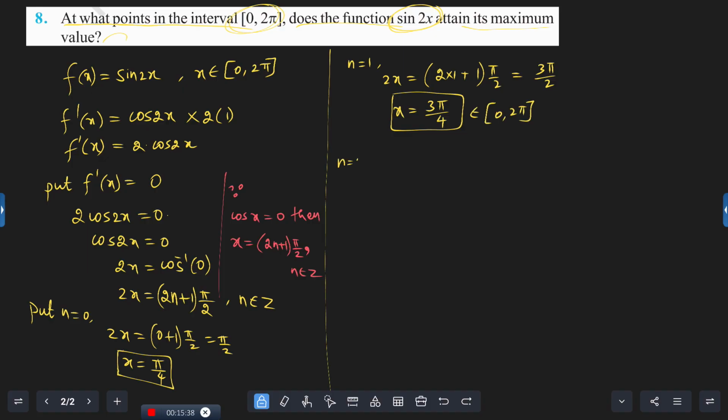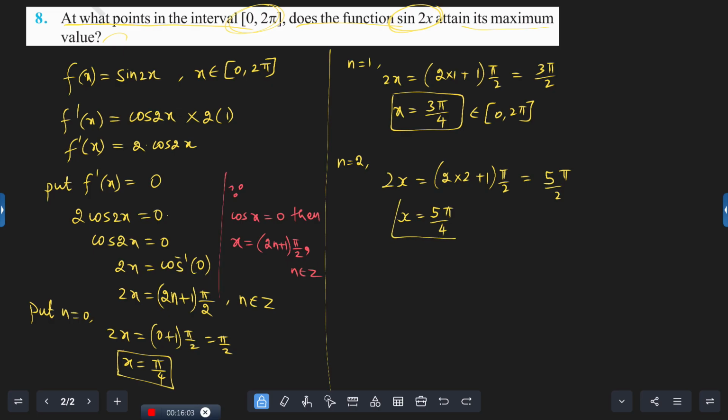Then n equal to 2, what am I getting? 2x is equal to (2 into 2 plus 1) into pi by 2, which is 4 plus 1, 5 pi by 2. That is the 2x value. For the x value, we get 5 pi divided by 4.